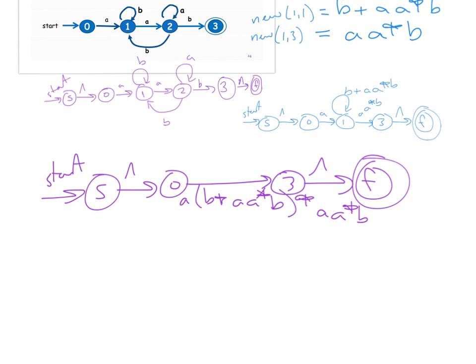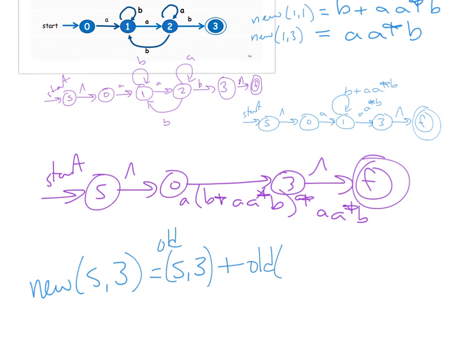So we need to figure out a new transition from S to 3, which is the same as the old transition from S to 3, plus the old transition from S to 0 times the old transition from 0 to 0 starred times the old transition from 0 to 3.